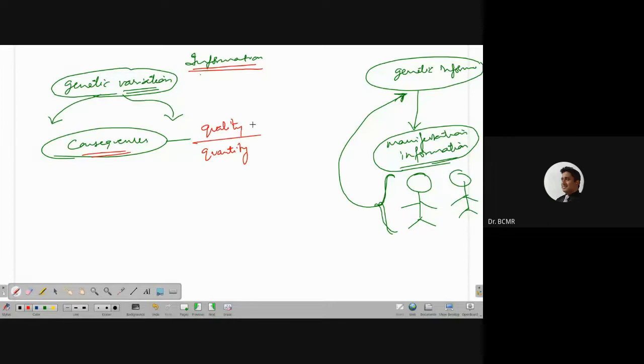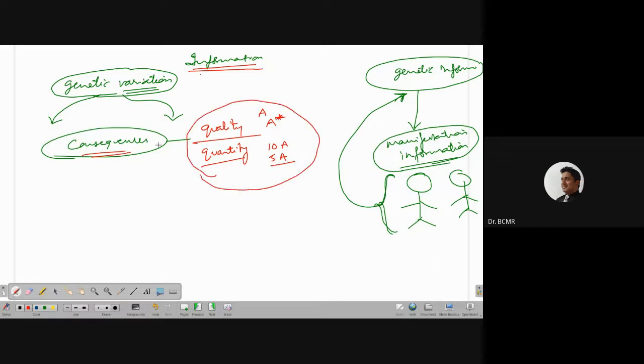When I say quality, say a protein A must have been produced. Maybe protein A is produced but with an altered amino acid sequence at some point or some part. Or it could also be the quantity. Maybe normally 10 molecules of A are produced, but maybe only 5 are produced, right? So these are the consequences.